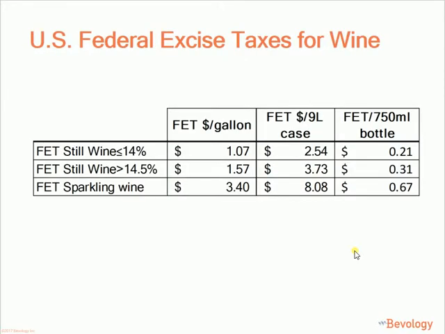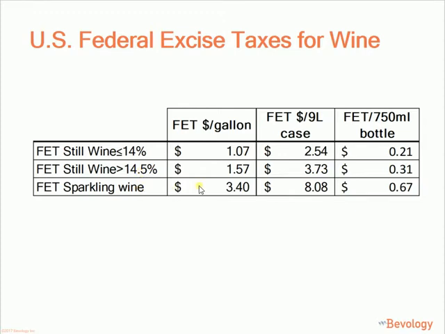Let's move on to the excise tax. As I said, there's two levels. One is federal excise taxes, and they come in three different flavors. FET for still wines less than or equal to 14% alcohol by volume. FET for still wine greater than 14.5% alcohol by volume. And then sparkling wine.